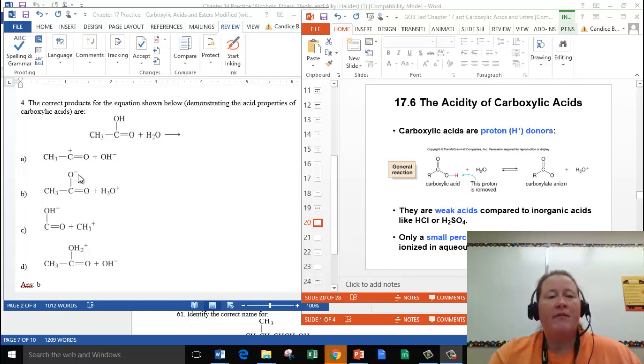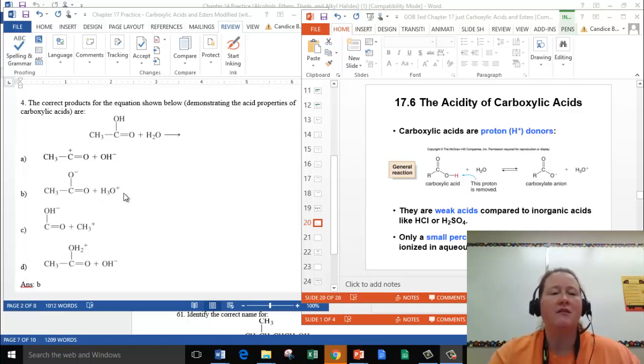When you look at the carboxylate ion here in B, you see that the negative sign is up where the hydrogen was lost, and we have the hydronium. Over here, that hydroxyl group was written down low, and you see that O there. So it's just another way to represent the same thing. So the answer for this is B.